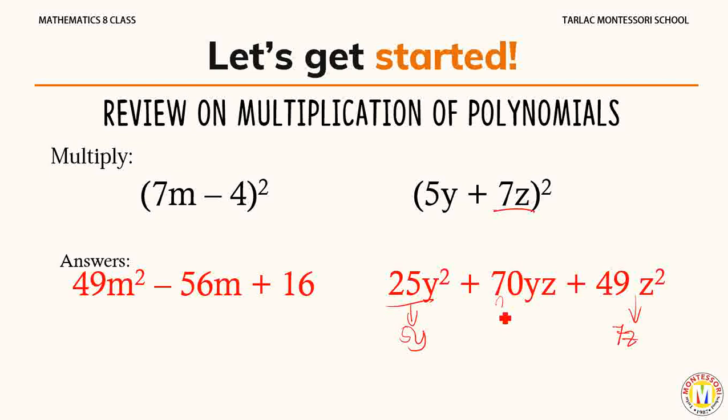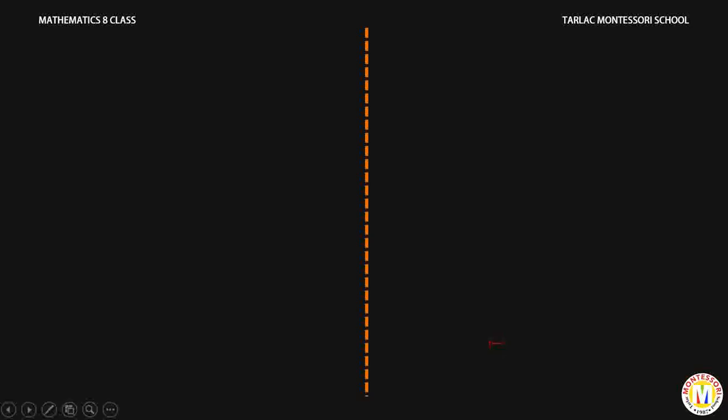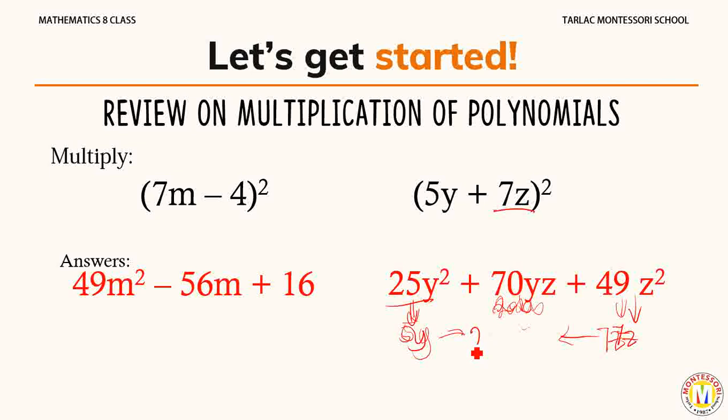And then the rule of 2ab. Again, this is 5y, the other one is 7z, and then the rule of 2ab will become 2 multiplied to 5y multiplied to 7z.